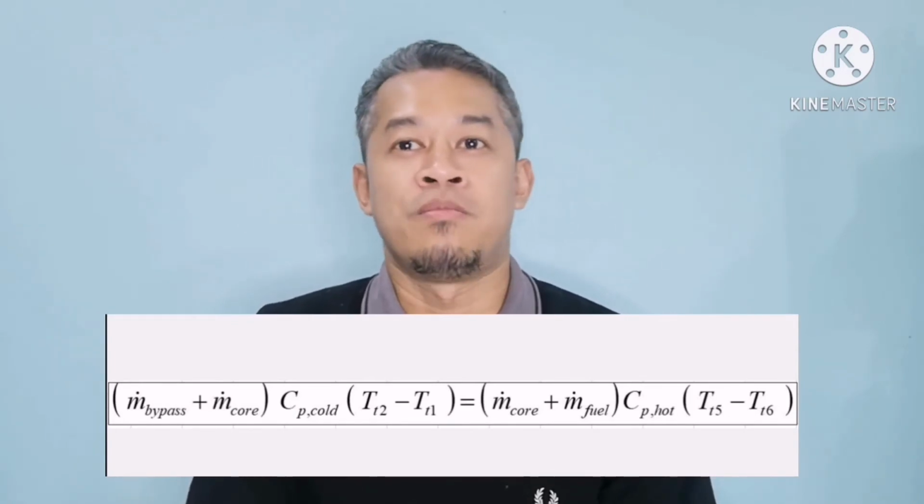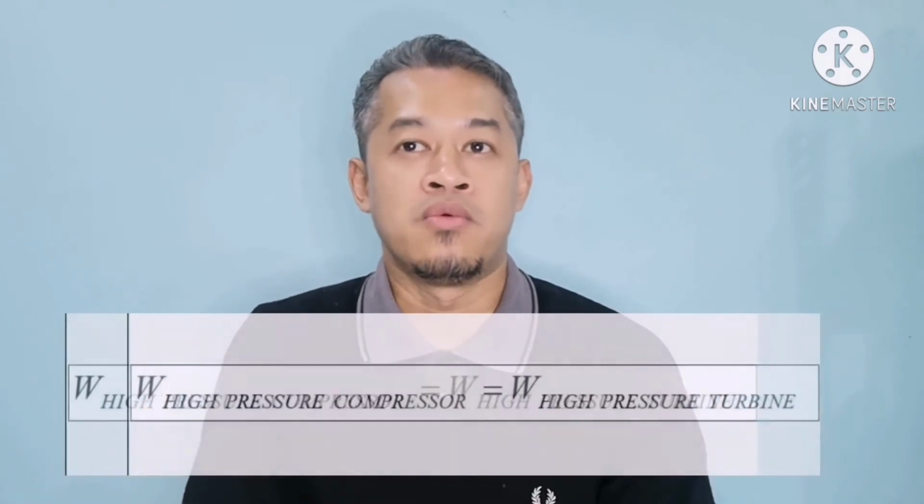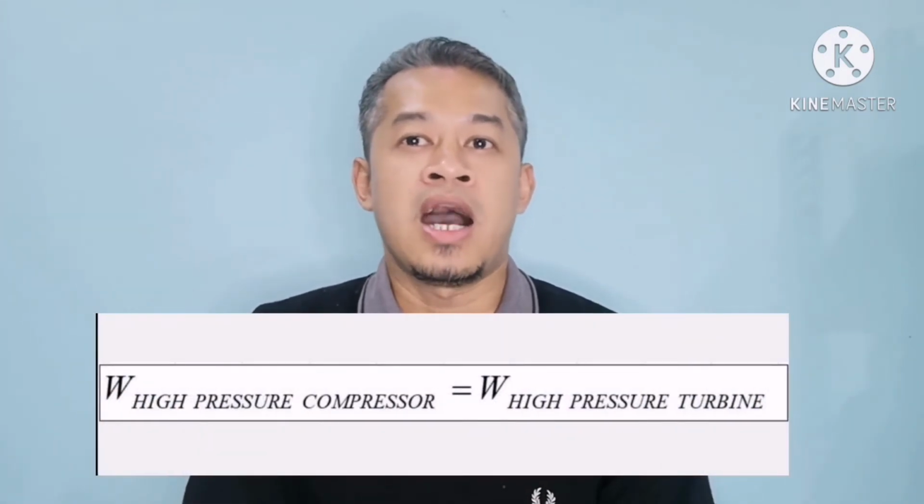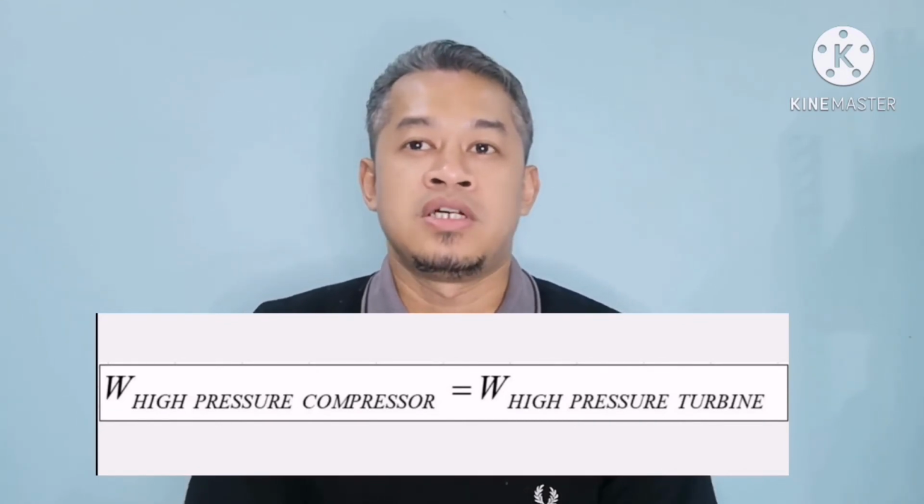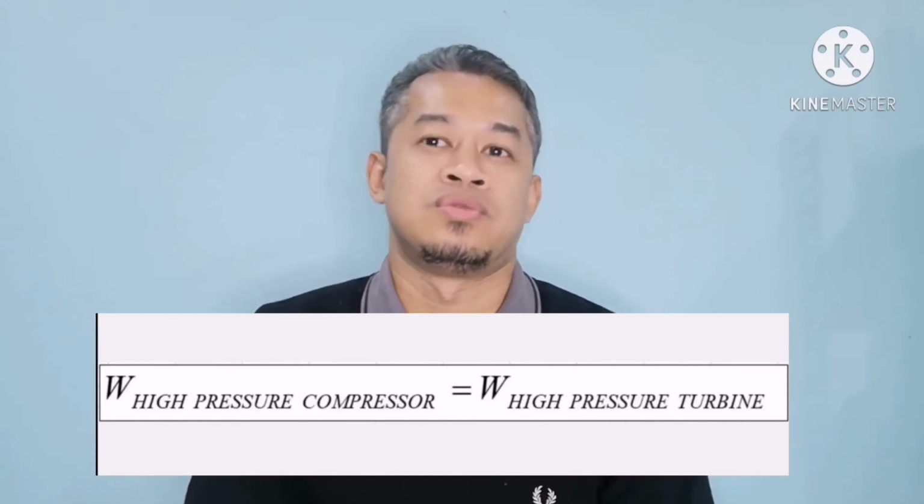The high pressure compressor, HPC, is generally driven by the high pressure turbine, HPT. That means the work required by the high pressure compressor will be equal to the work the high pressure turbine produced.